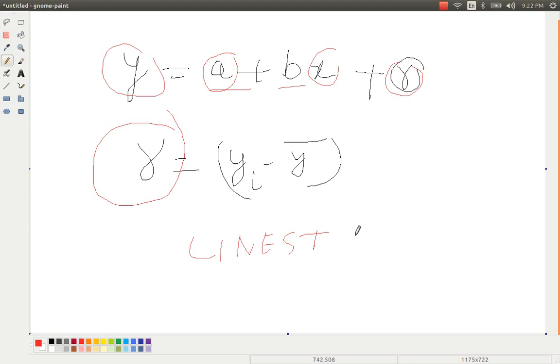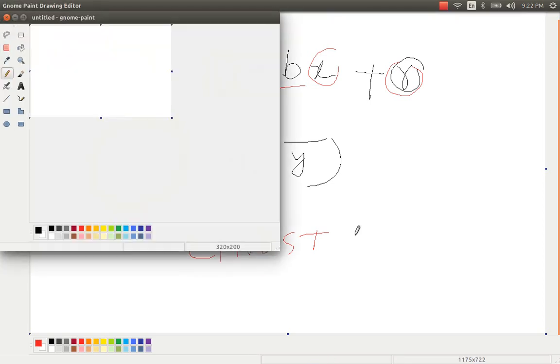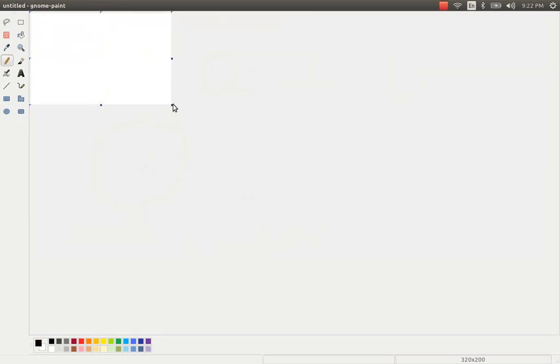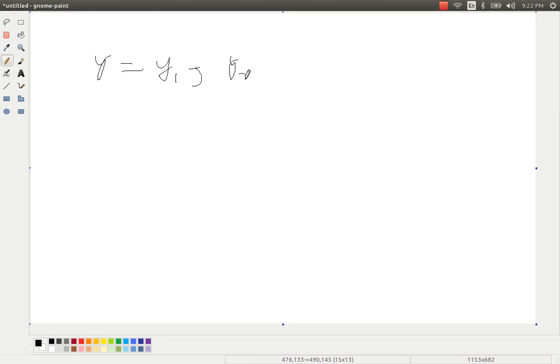For example, if I have a sample of x and y with certain data points y1, y2, y3, we can compute a, b, or beta naught and beta 1, whatever it may be.